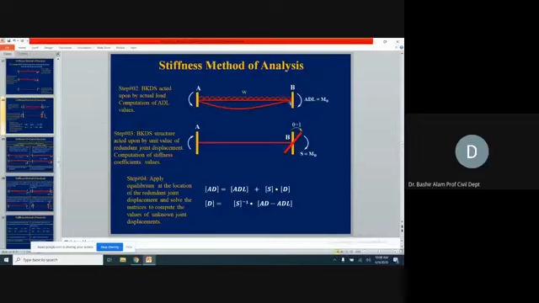Now, in the original structure, we were having some rotation here because of the roller support. It was allowing rotation.